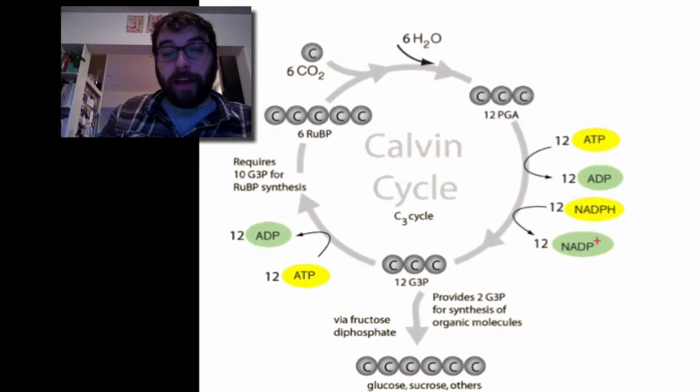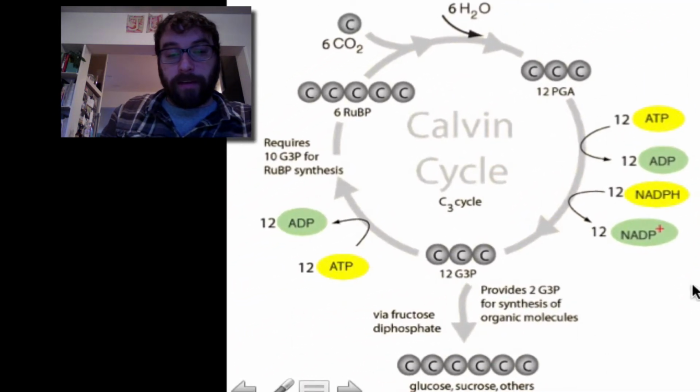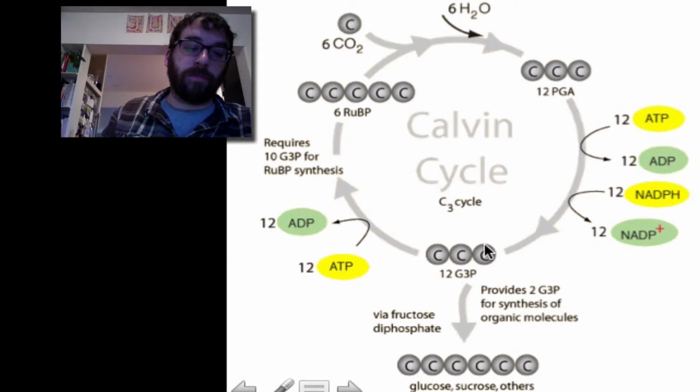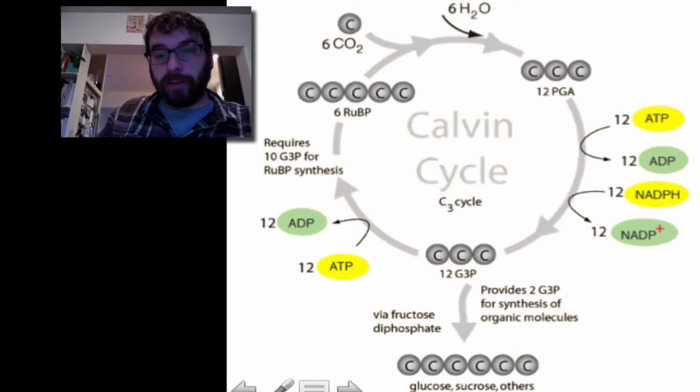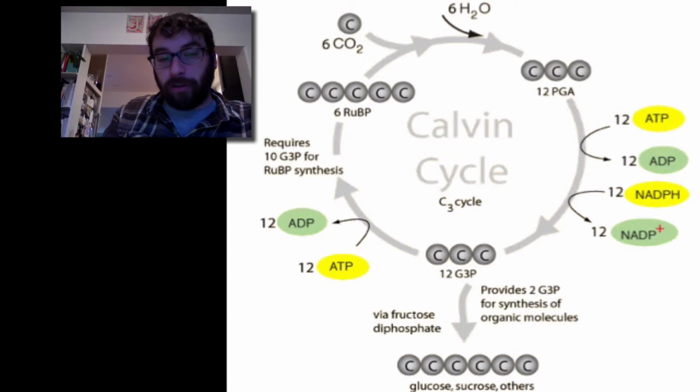Now, if you look at the diagram down here in the left corner, it shows 6 carbon dioxides entering the cycle, forming 12 PGAs, which are then reduced to form 12 G3Ps. The reason the diagram shows it this way is because in order to get enough carbon into the cycle to build a glucose, 6 carbon dioxide molecules have to enter the cycle.